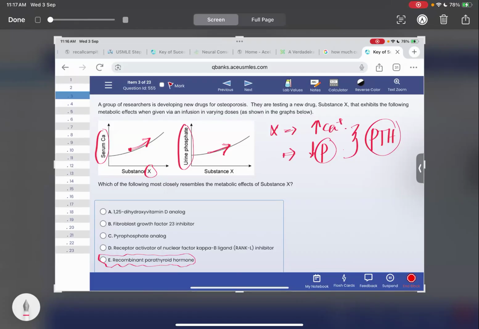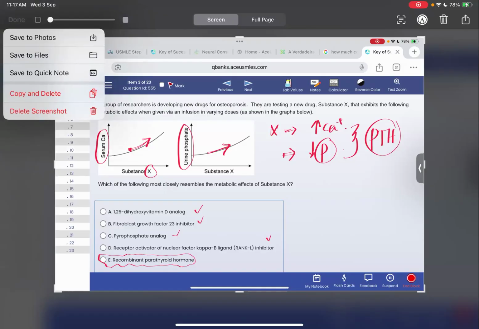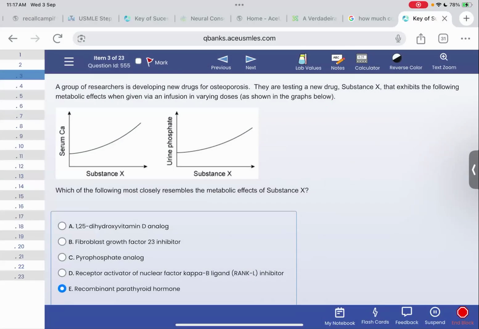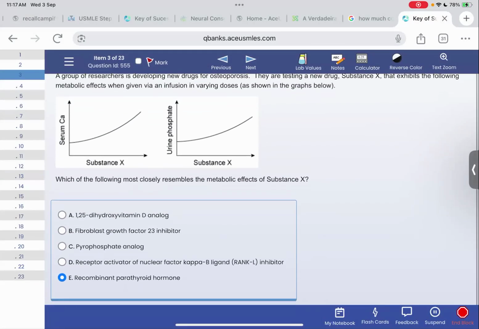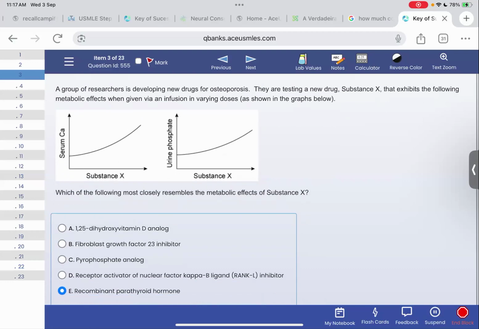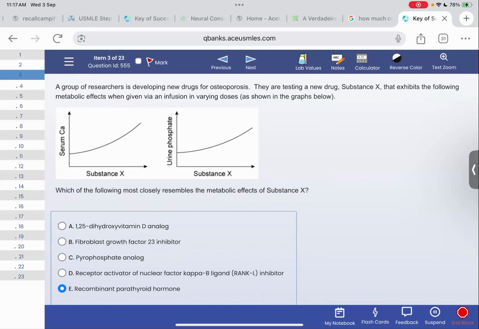If we get some time, I will explain the other options at the end. And if not, so the question is easy. No, this is not easy. Parathyroid hormone and kidney is not easy.